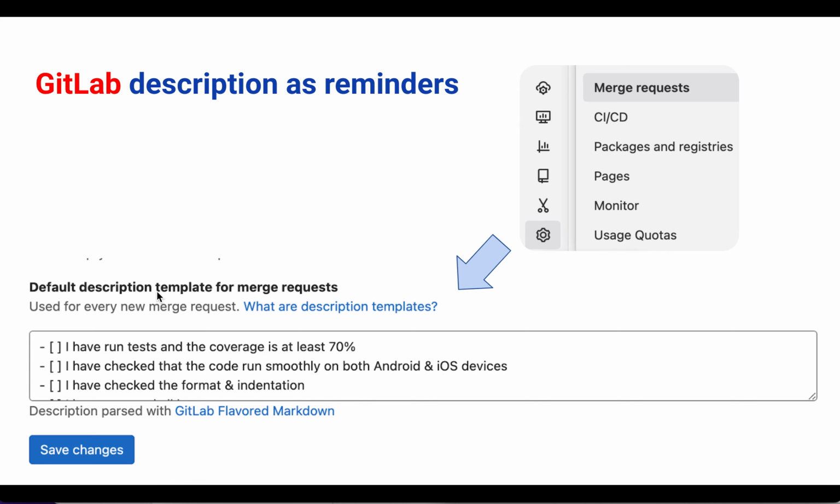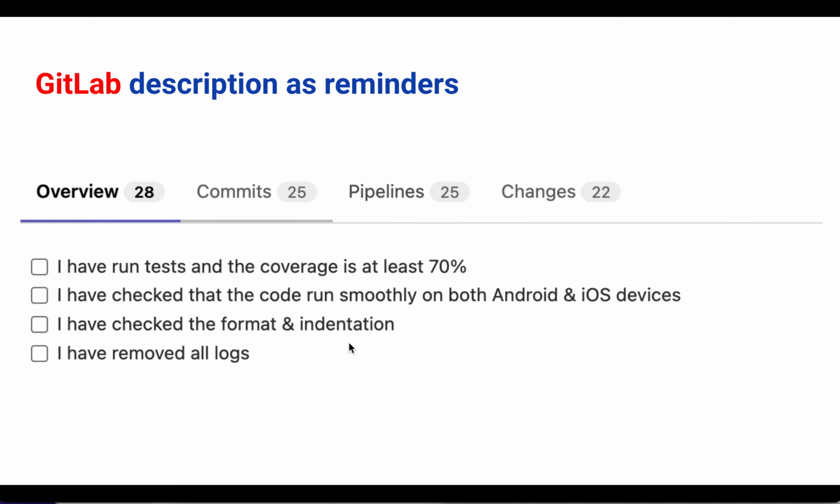So every time someone creates a merge request for this project, you will see this as a default message, which you can set up by clicking on the settings icon here, going to merge request and scrolling down a little bit. After we set up things here and click on save changes, it will show up on the merge request screen like this, which are the checkboxes.